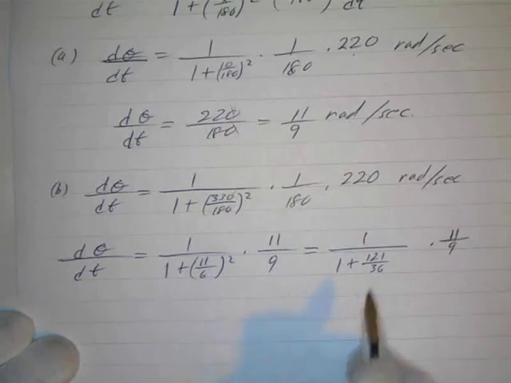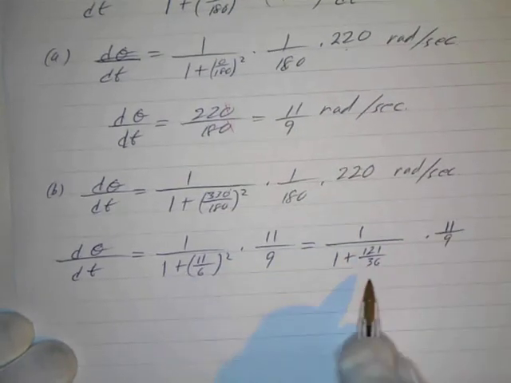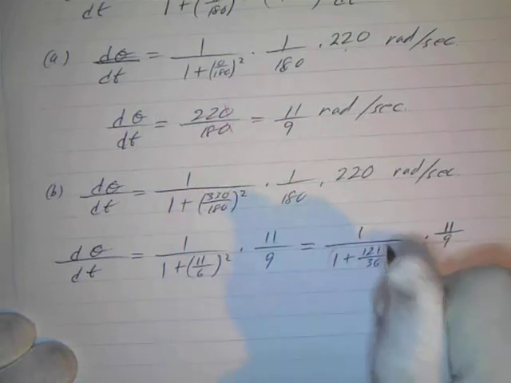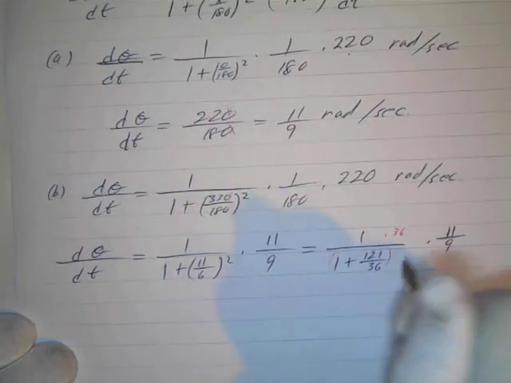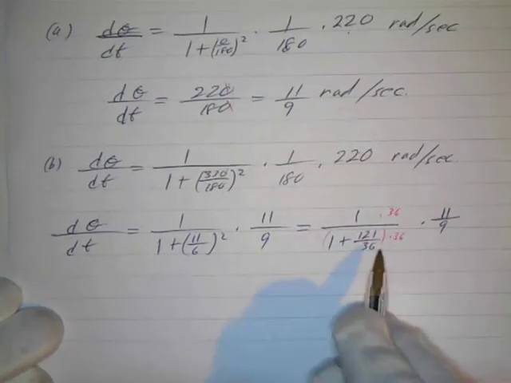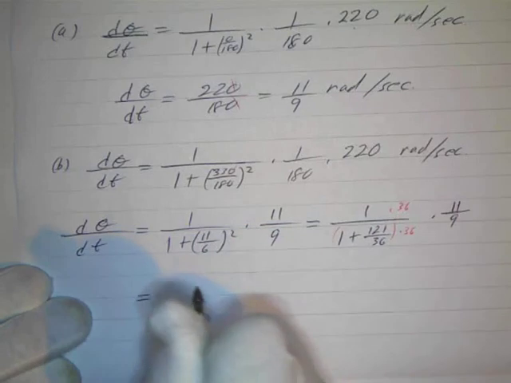Now I do have a complex fraction here, so I can fix this up real fast by multiplying the top and the bottom by the LCD, which is 36. So I'm going to do that. Still got the 11 over 9 over here, don't forget that, but we can fix this up. So now this is going to equal 36 on the top.